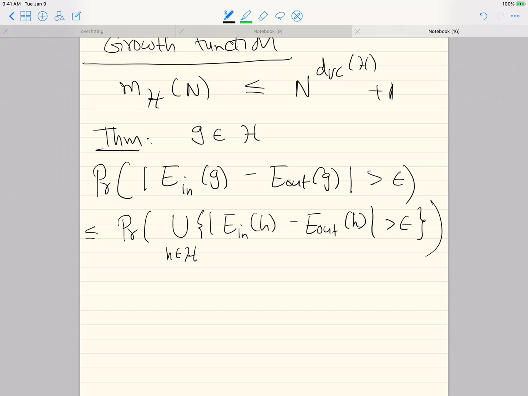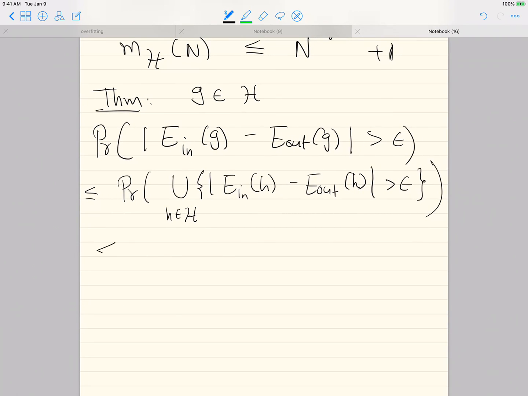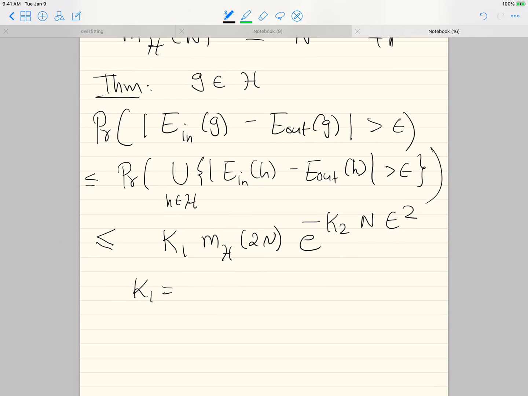This quantity is now less than K1 mH of 2n times e to the minus K2 n epsilon square, where K1 equals 4 and K2 equals 1 over 8. So K1 and K2 are fixed constants.